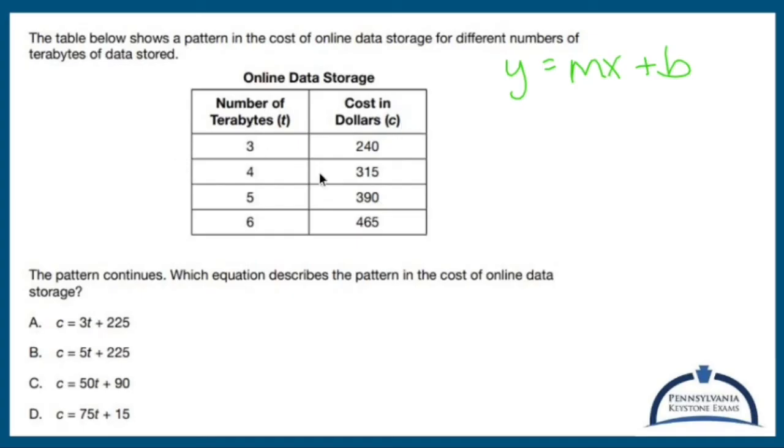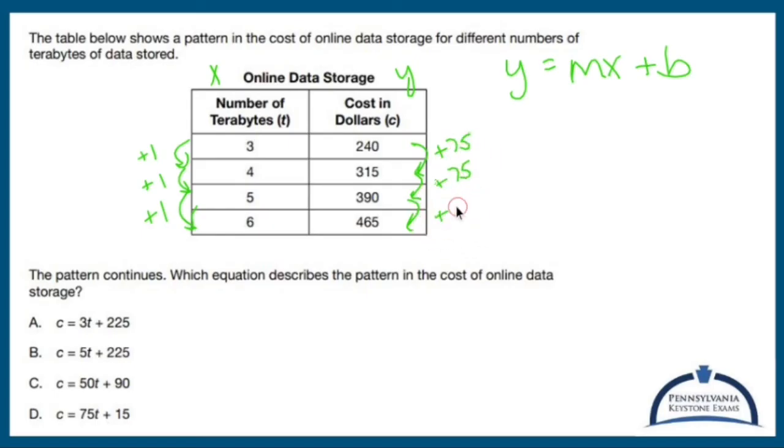So what I'll do is this is going to give me my slope by finding out the pattern of each side. The left side is going to give me my x value. Now, I know it says t. I'll deal with that in a minute. The c is going to be my y. Here, I add by 1 every time. Here, I add by 75 every time.